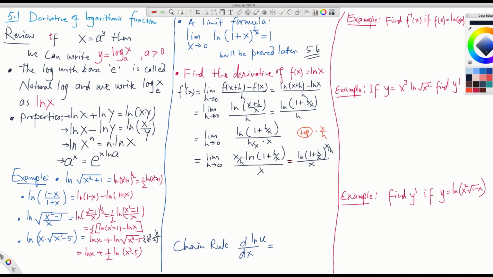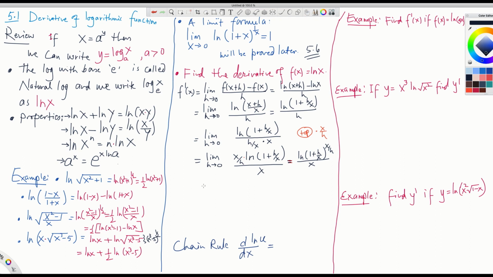Okay, so the limit is h tends to 0, right? So what can I write this as then? Since this is h tends to 0, you can divide by x on both sides, and then this can be written in that form.